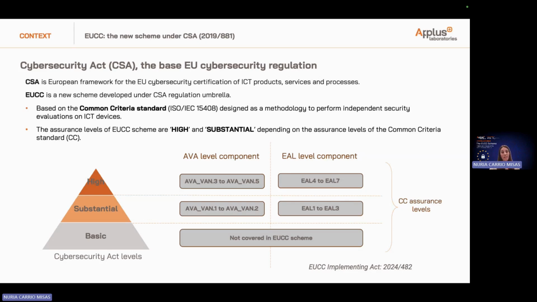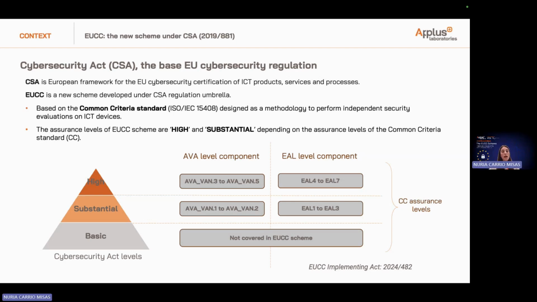Additionally, the CSA defines 3 different levels: basic, substantial, and high. The basic level, which is usually reserved for self-assessment, is not covered in the EUCC, so it's not possible to do self-assessment in the EUCC.